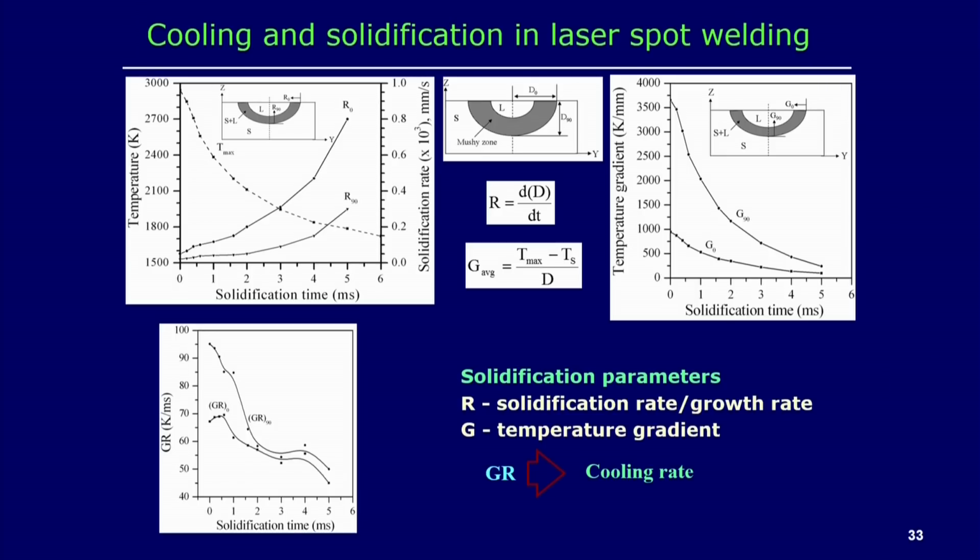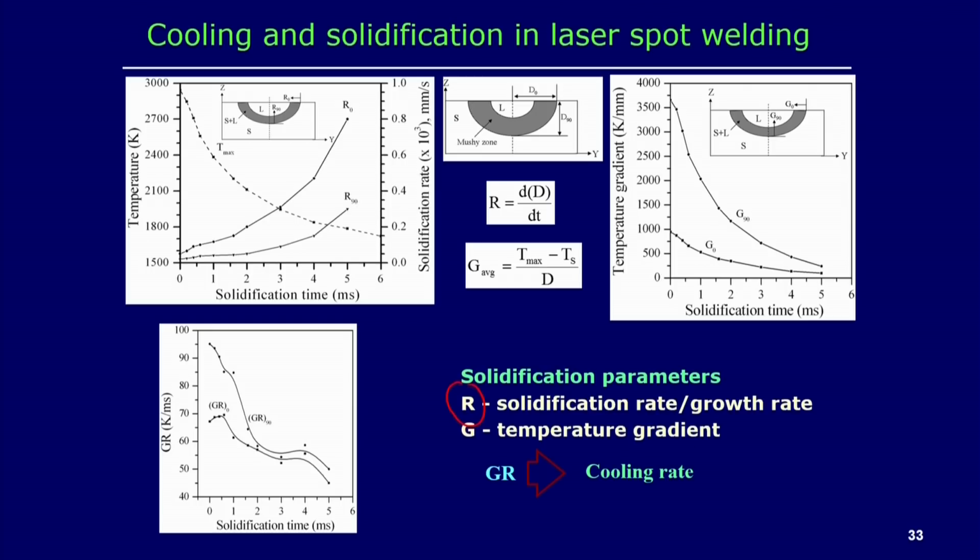Two different solidification parameters can be defined here. One is R, the solidification rate or growth rate. This R parameter will be explained more in the chapter on welding metallurgy, in the module where we explain the kinetics of solidification, but mathematically it can be calculated here.